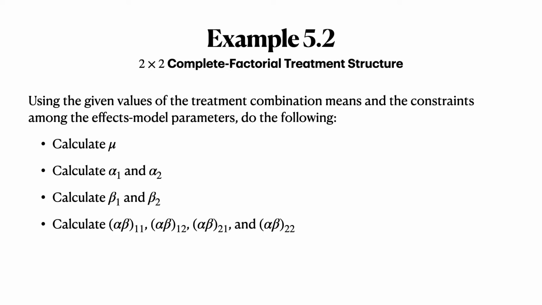Calculate the arithmetic mean of the treatment combinations, which is mu, also denoted mu bar dot dot. And in addition, calculate the various effects model parameters, alpha 1 and alpha 2, beta 1 and beta 2, and the various alpha beta ij's. So do that as an exercise.